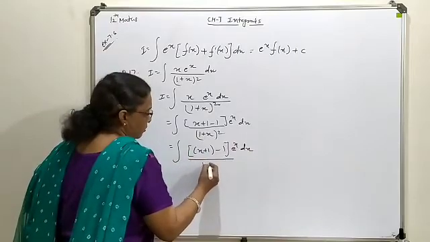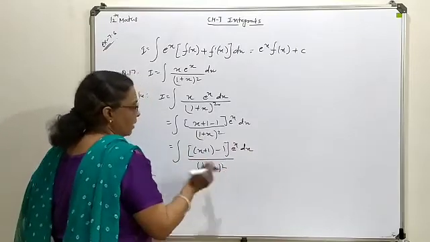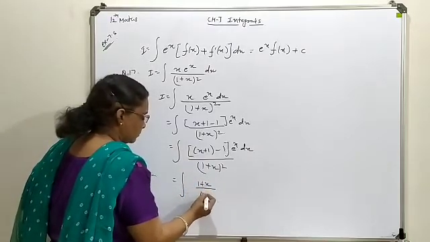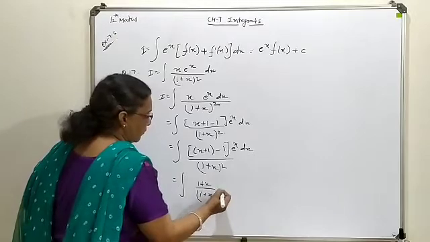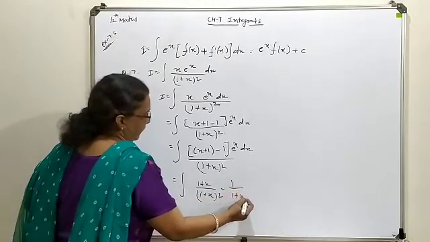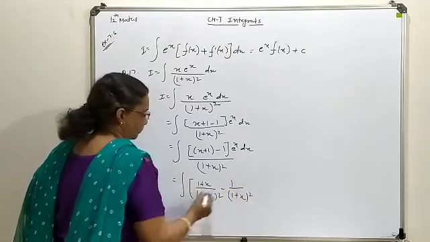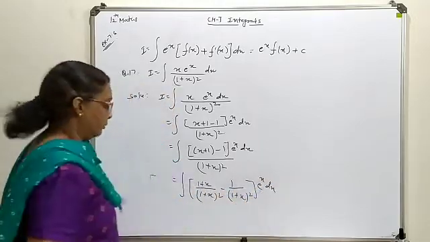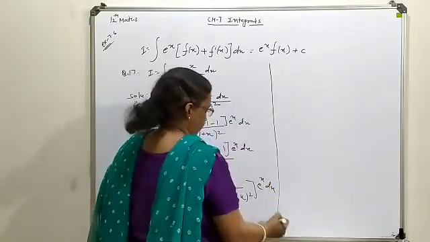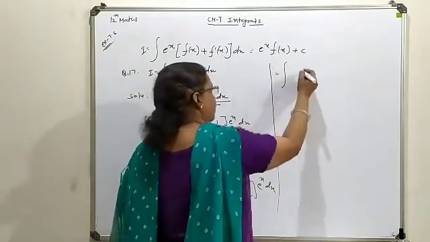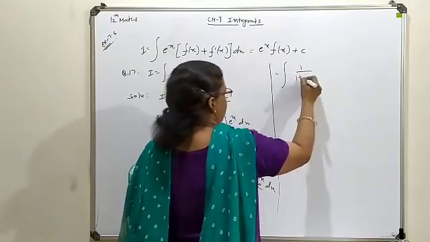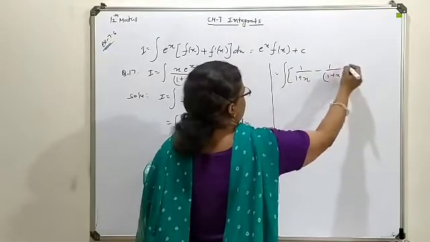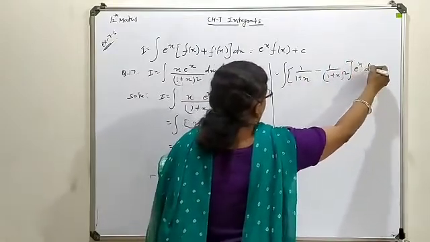Make them separate now. Let them divide. This is your 1 upon 1 plus x minus 1 upon 1 plus x whole square, times e power x dx.